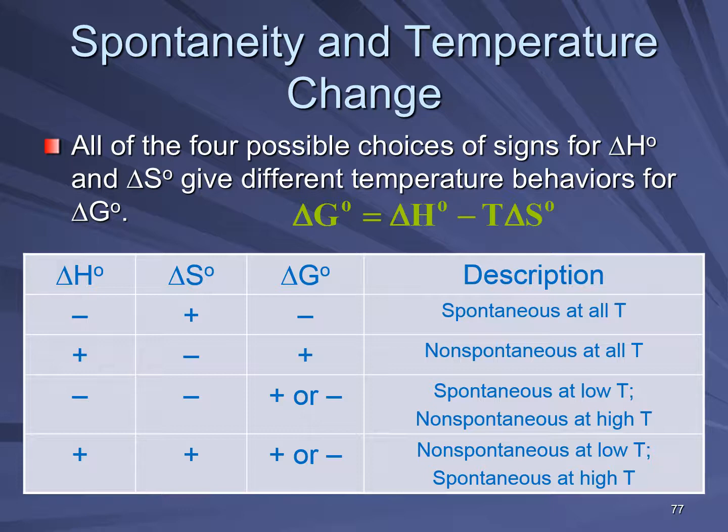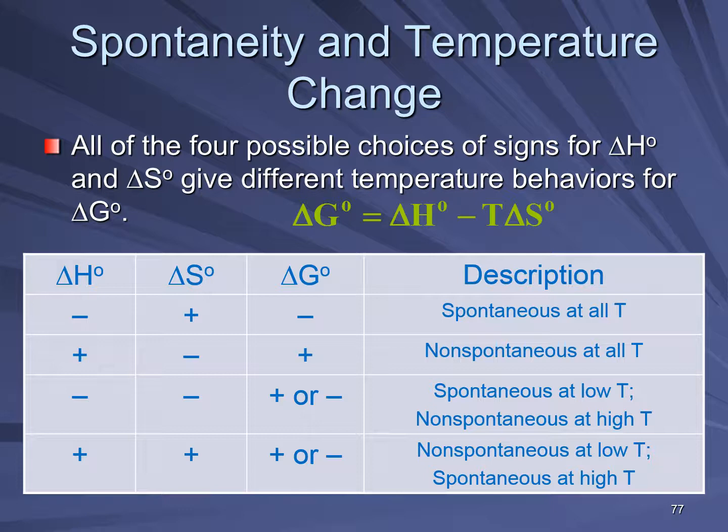As long as delta S is positive and delta H is negative, delta G will be negative at all temperatures. So that kind of reaction would be spontaneous at all temperatures. An example of that would be like burning gasoline, because it's exothermic and we're taking something complex and breaking it down into something smaller, so it's becoming more disordered.